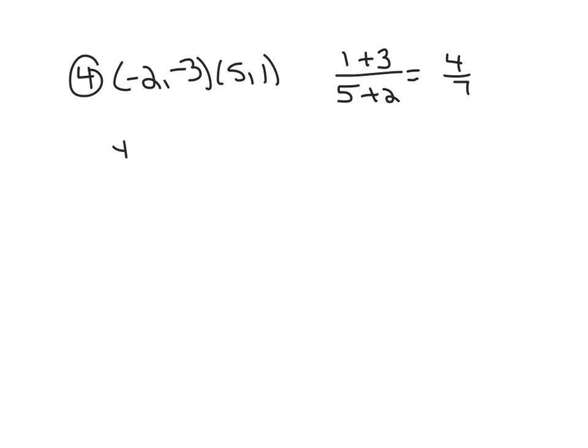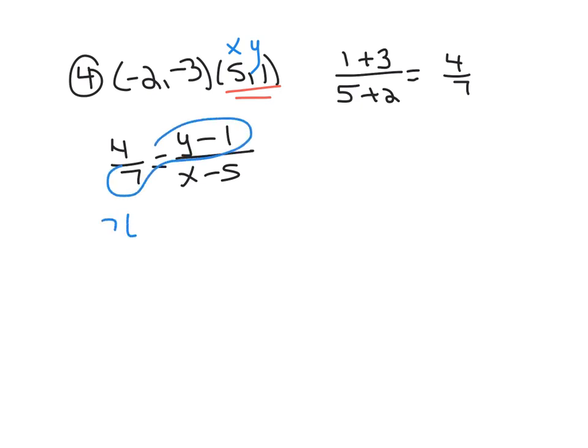So 4 over 7 equals, and let's go with the second ordered pair this time, y minus 1 over x minus 5, because remember, this is x, this is y. Cross multiply again: 7 times y minus 1 equals 4 times x minus 5.